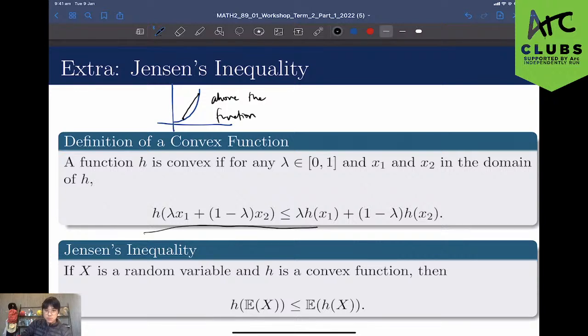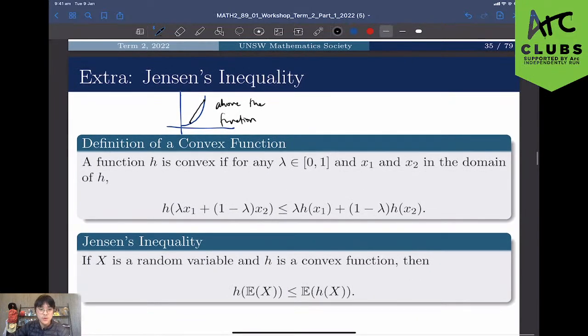So what is written here just expresses what I've drawn. And what Jensen's inequality says is that if x is a random variable and h is a convex function, so h looks like this curve here, then we'll have that h of the expectation is going to be less than or equal to the expectation of h of x.